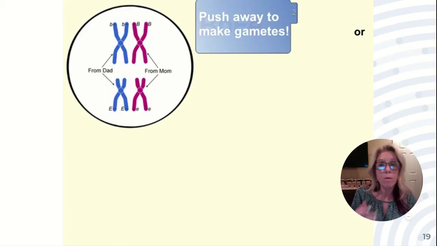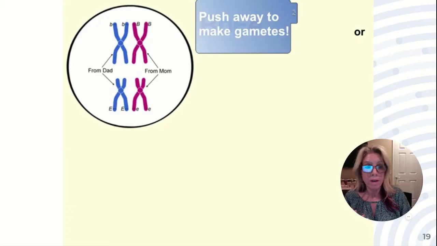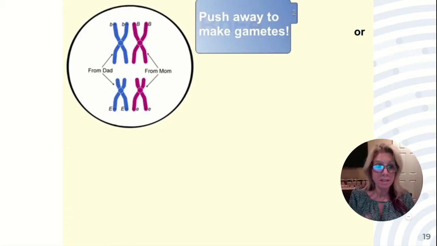In summary, I want you to think about metaphase 1, right? They meet in the middle at metaphase. In meiosis 1, you're separating homologous pairs. In meiosis 2, you're separating sister chromatids, right? So if the dad had the little b and a big E, and then during the S stage of interphase, it replicated, so you make your sisters during the S stage, synthesis of DNA.